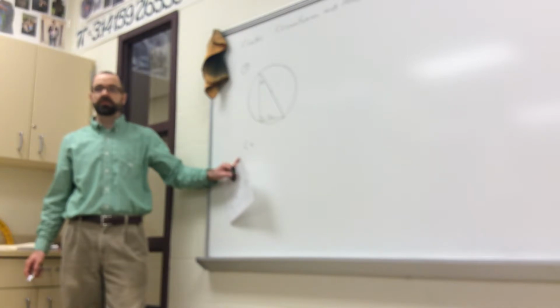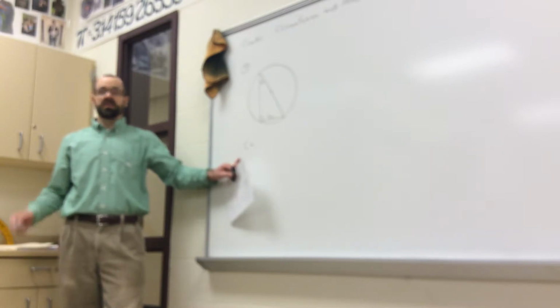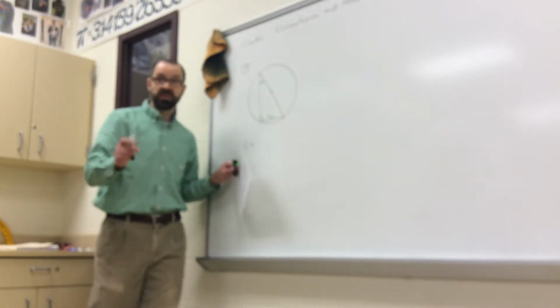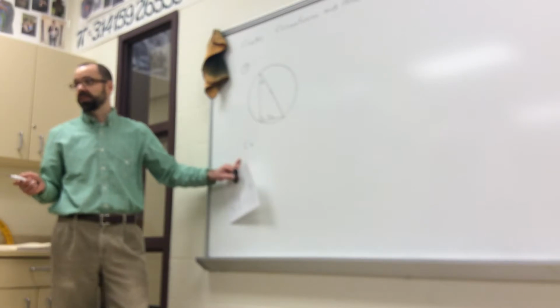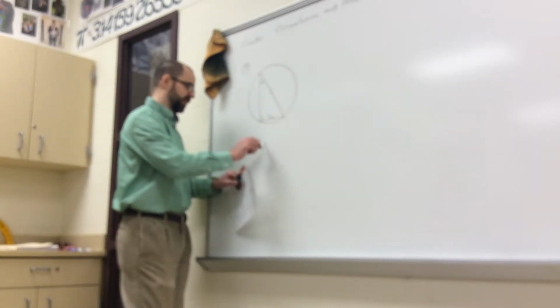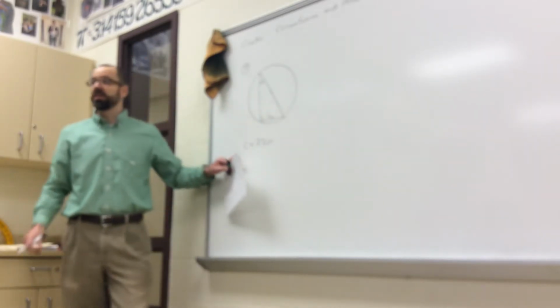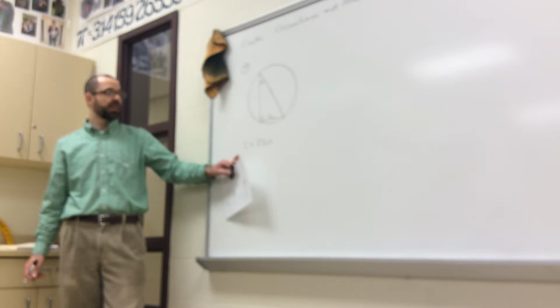Close. Circumference is, sorry, 2 times pi times radius. Good. So the pi is very important. Because 2 times the radius would just be the diameter. But 2 times pi times the radius is the circumference. Awesome.